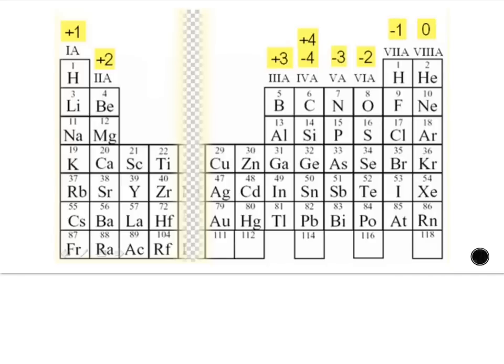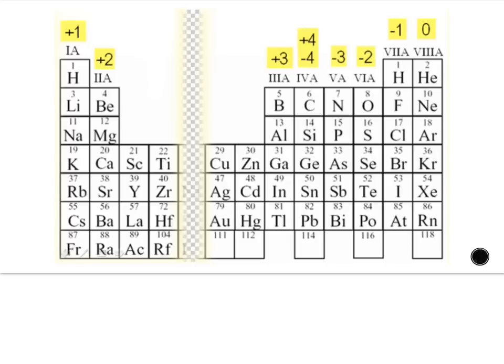In order to write your chemical formulas, you need to know your charges on the group. So this is review. Remember, group 1 is plus 1, group 2 is plus 2, group 3 is plus 3, and then you can see that on this periodic table it listed group 4 as having plus 4 or minus 4 charge.